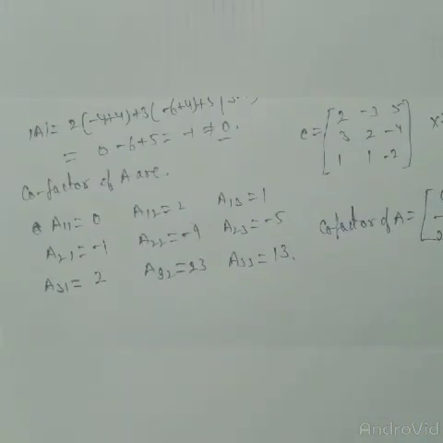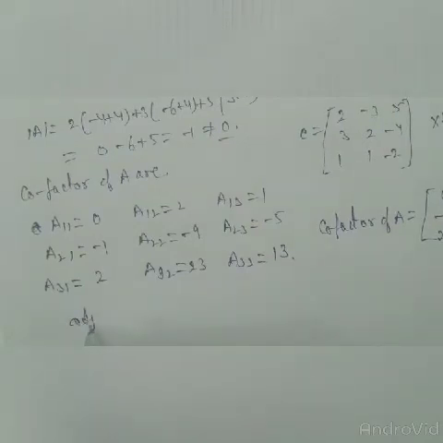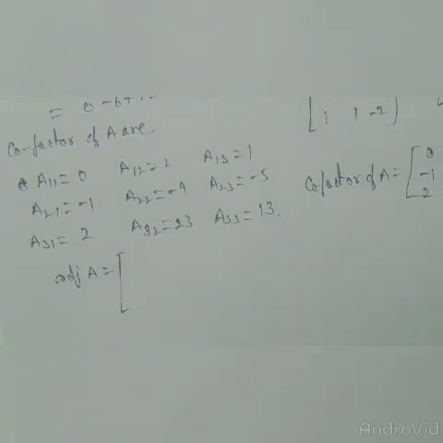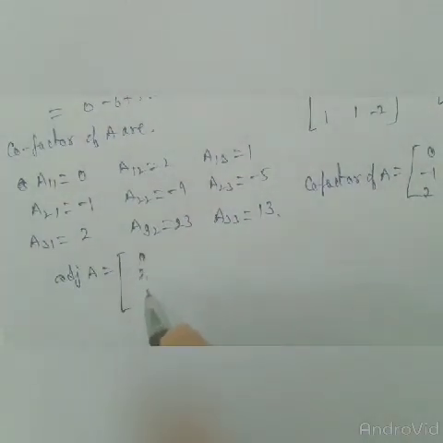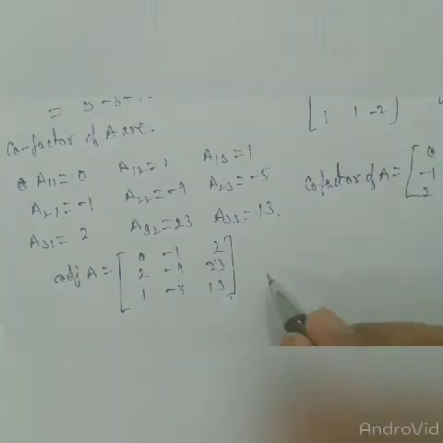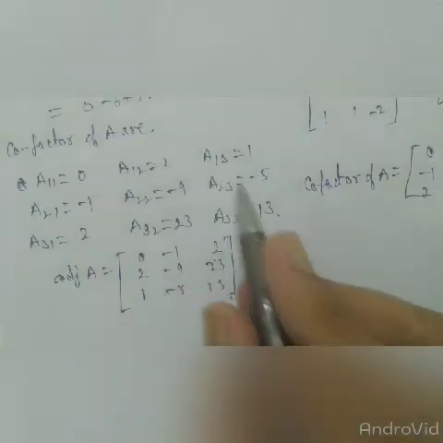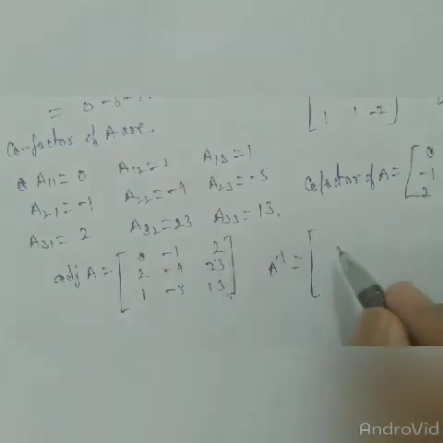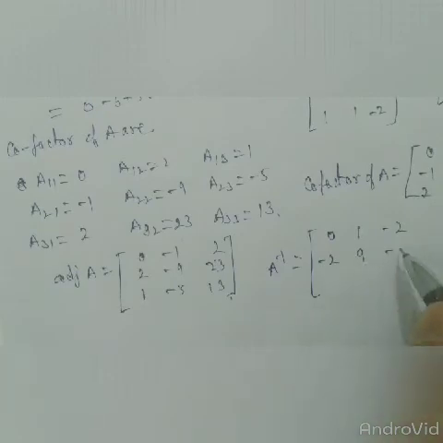Next one is adjoint of A. Adjoint of A equals transpose of cofactor of A: 0, 2, 1, minus 1, minus 9, minus 5, 2, 23 and 13. So A inverse equals, we have to divide by minus 1. If we divide by minus 1, then 0, 1, minus 2, minus 2, 9, minus 23, minus 1, 5, minus 13.